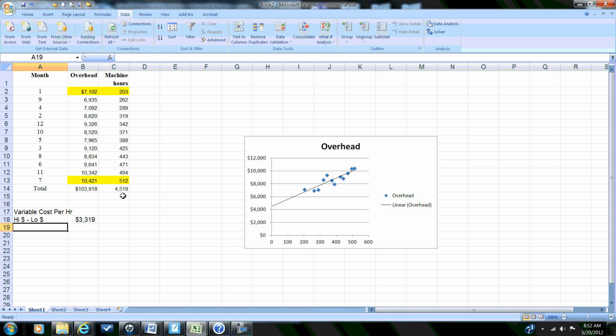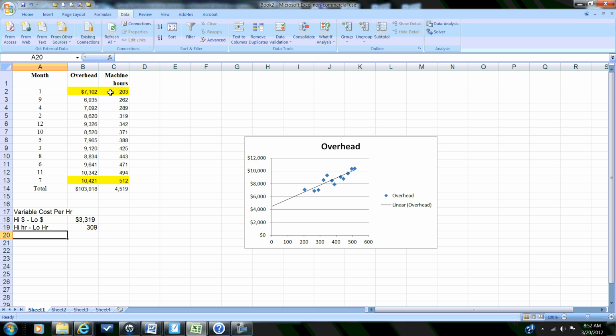Next, we're going to go for the high activity hours minus the low activity hours. And again, that is going to be our high activity of 512 hours minus our low activity of 203. And that will give us our difference.